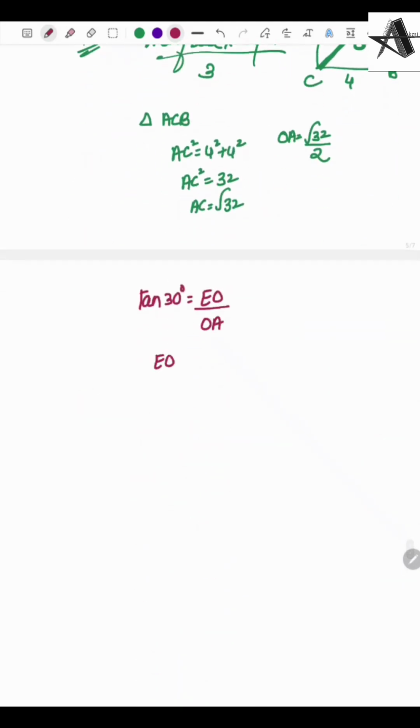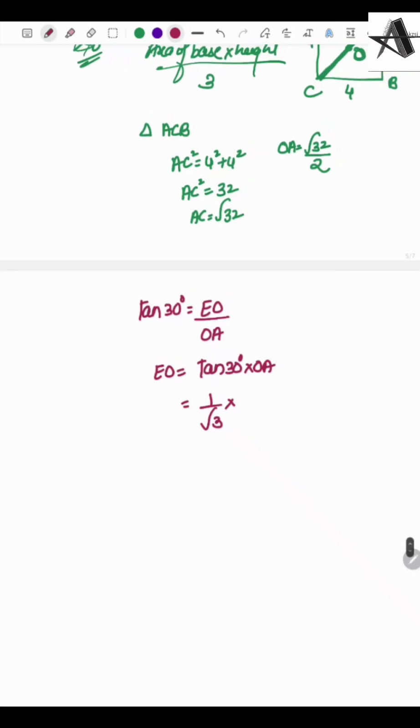So EO is tan 30 degrees into OA. Tan 30 is 1 by root 3, into OA, which we calculated as root 32 by 2. So root 32 by 2 root 3 is my EO.